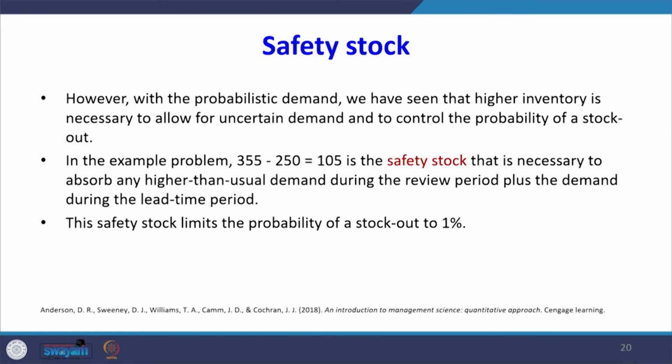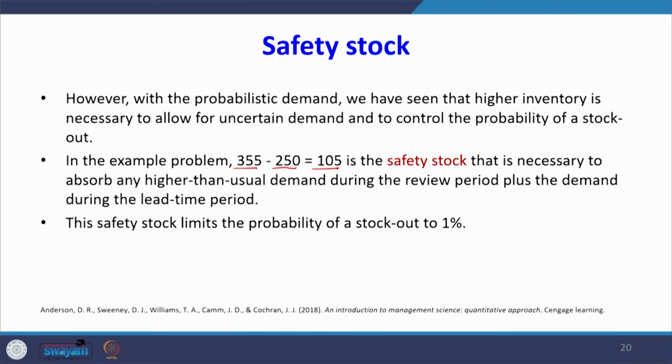However, with the probabilistic demand, we have seen that a higher inventory is necessary to allow for uncertain demand and to control the probability of stock out. In our example, when we assume that the demand is probabilistic, our ordering quantity was 355. When we assume that the demand is deterministic, the ordering quantity is 250. So, this difference of 105 is the safety stock.